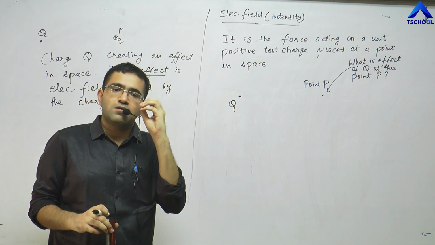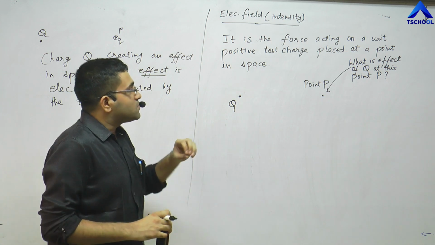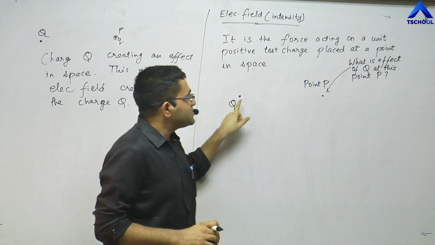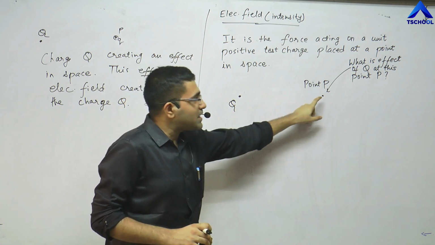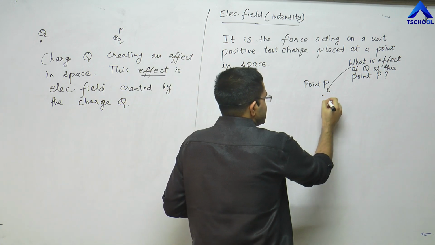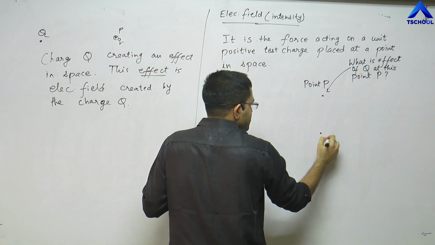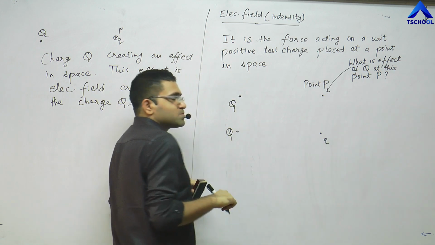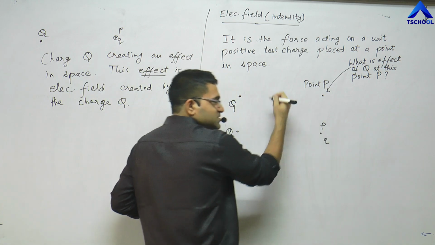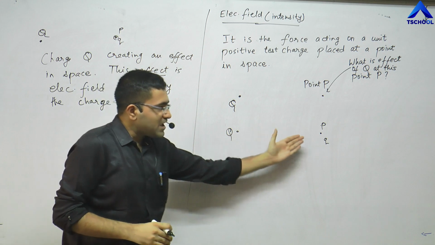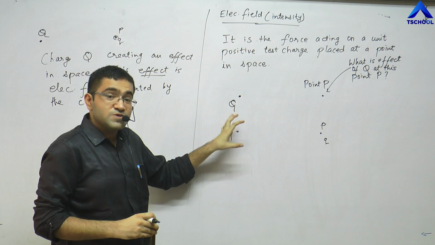Same idea here. What we are going to do is to find out what's the effect of this charge Q at this point. To find out the effect of capital Q at this point, we are going to place a charge small q over there, at this point P. I've just drawn the same diagram again. So this is the charge capital Q, which creates the field.